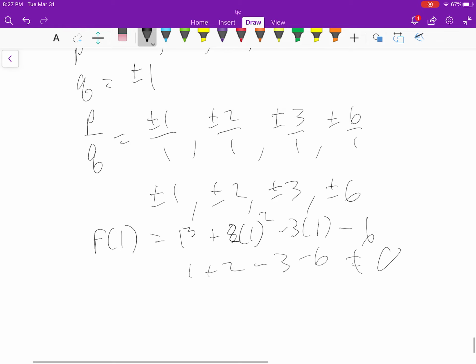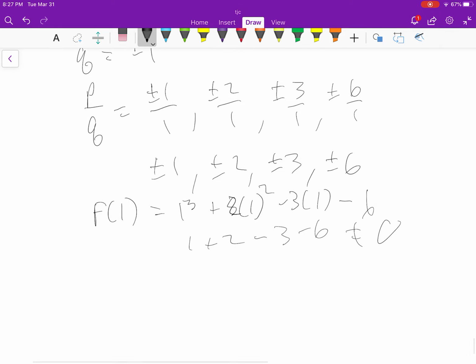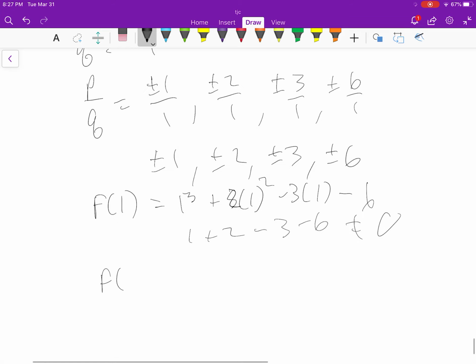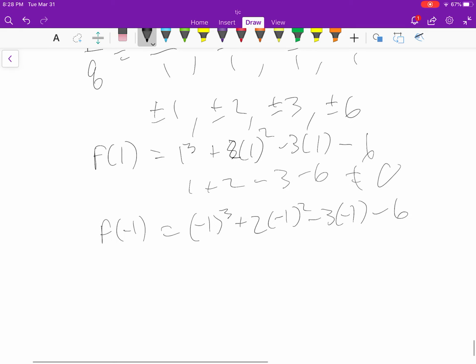This does not equal 0. So we know 1 is not a solution. And we try negative 1, f of negative 1. You do negative 1 cubed plus 2 times negative 1 squared minus 3 times negative 1 minus 6, which is negative 1, positive 2, positive 3, negative 6, which again does not equal 0.